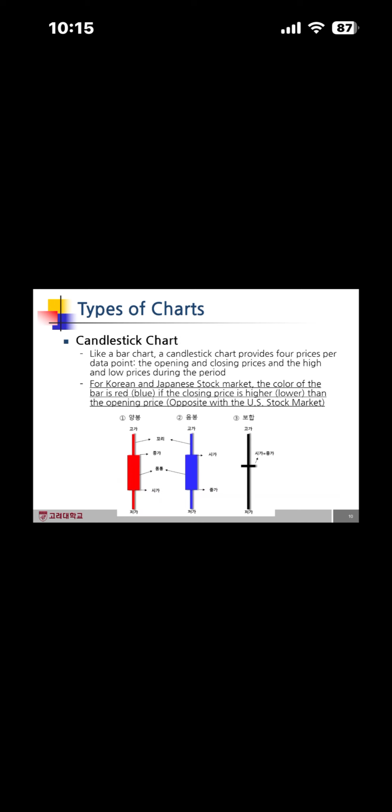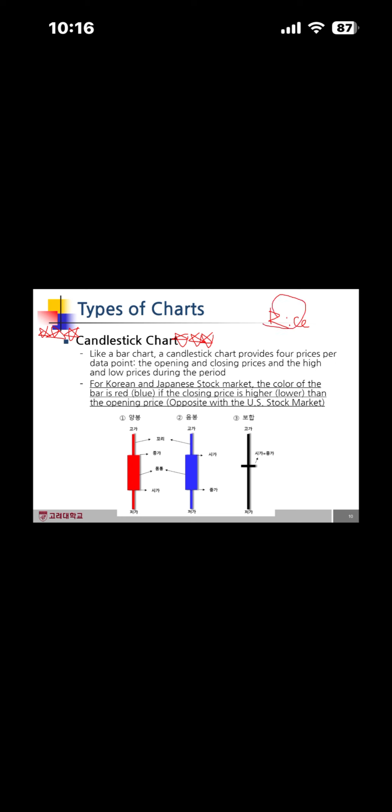Another very popular chart used in technical analysis is the candlestick chart. So typically we use this chart. A candlestick chart originated in Japan in the 18th century, where rice traders used them to analyze the market price of rice in Japan.